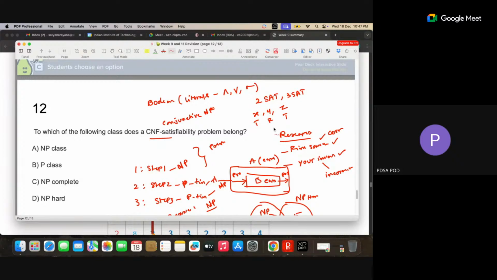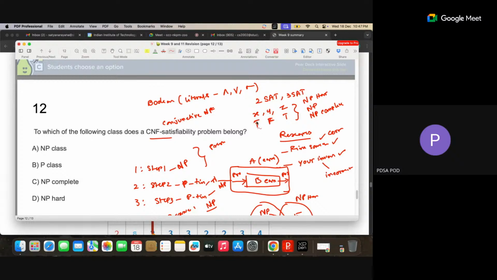Are you sure it is an NP-hard problem? Are you sure it is an NP problem? Are you sure it is an NP-complete problem? That's the question: which class does it belong to? Definitely it is not polynomial type. These literal values are always Boolean values.